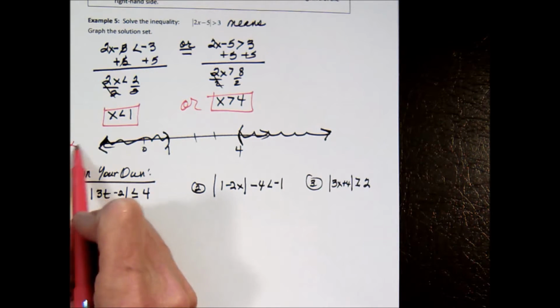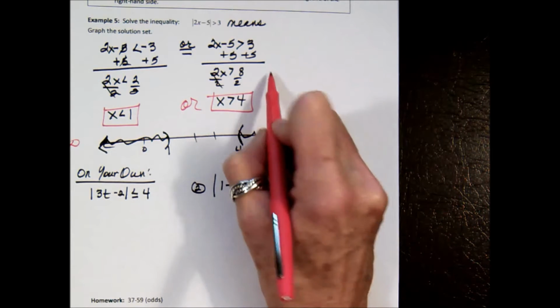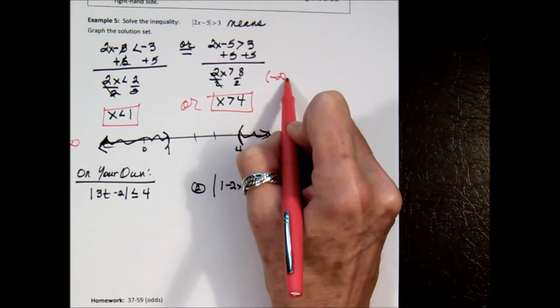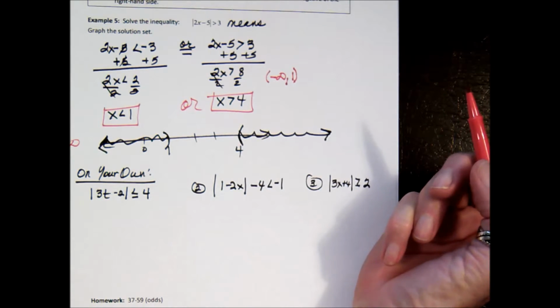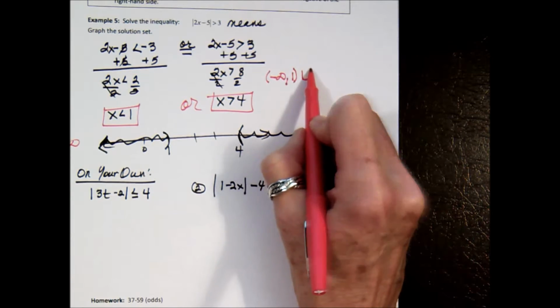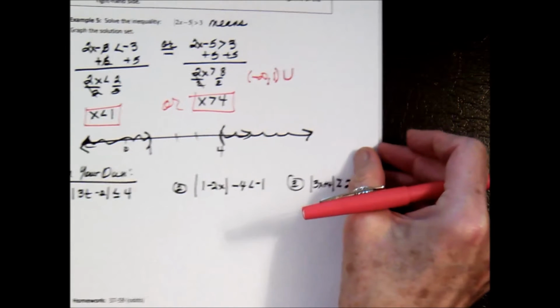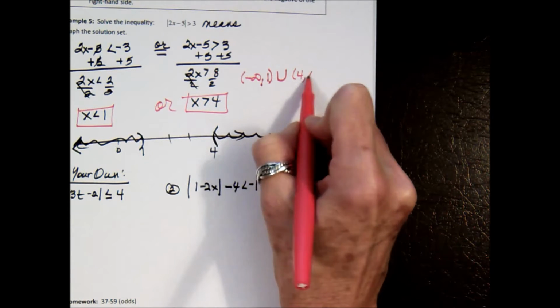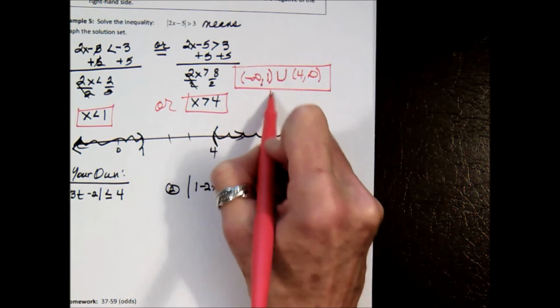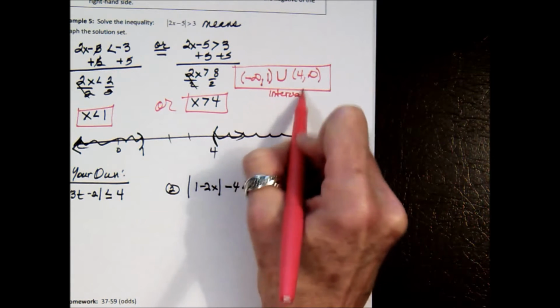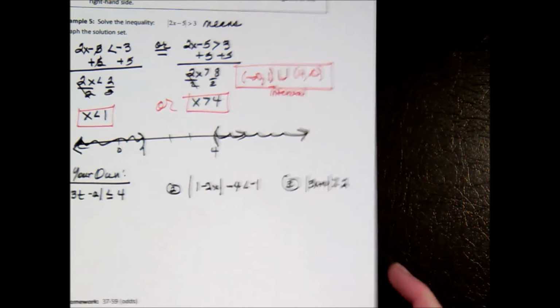It goes down to negative infinity. So what we're going to have to do is say negative infinity up to 1, not including 1, and then this symbol means in union with or along with, and then we start at 4 and we go up to positive infinity. So this is the way that you write the interval notation for this kind of problem.